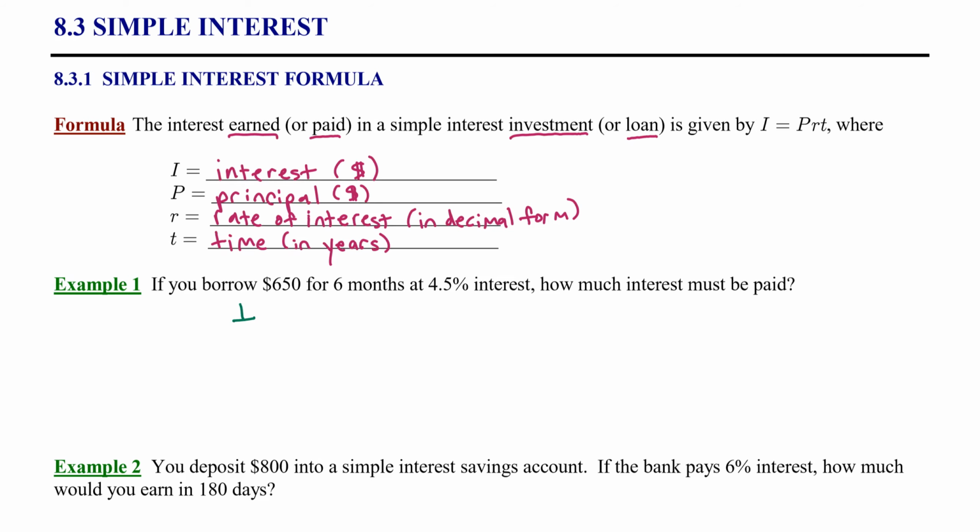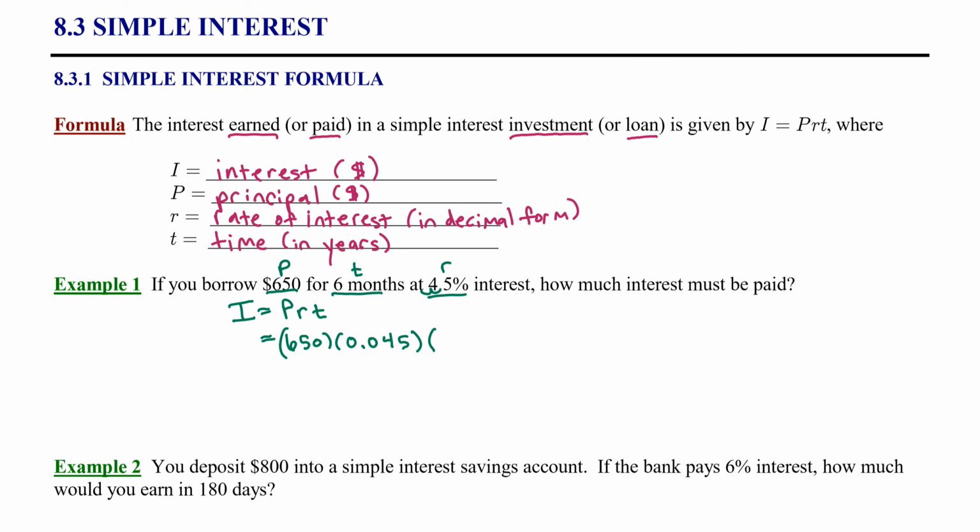So let's calculate how much we're going to pay in interest. So the principal is the amount that we borrow. That's going to be $650. The rate of interest is 4.5%, but we need to convert that to a decimal by moving the decimal 2 places to the left, so 0.045. And T is time, but we have to record it in years.